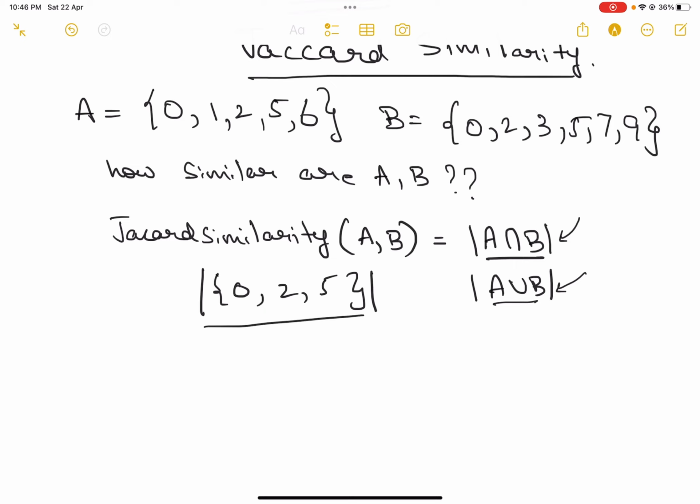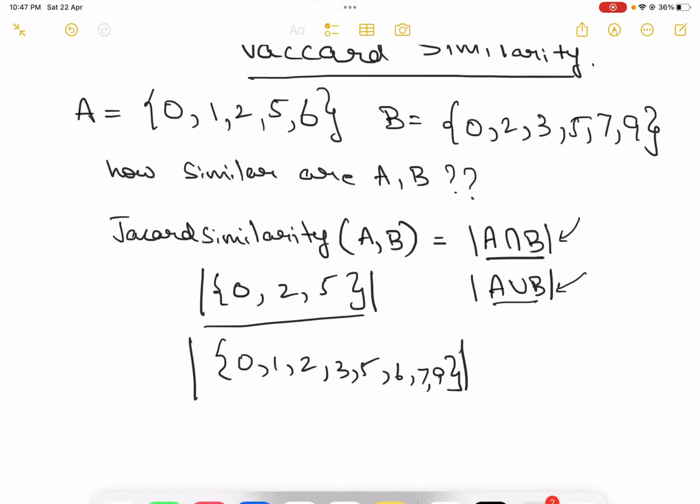And in the denominator, we have the union, which is all the possible elements that are there in A and B: 0, 1, 2, 3, 5, 6, 7, and 9. The magnitude implies the number of elements.